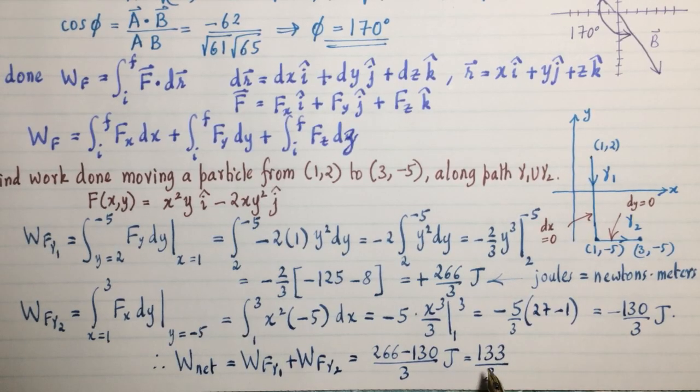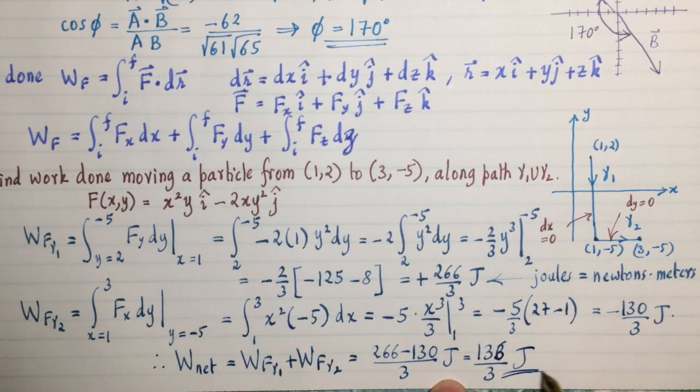Is that right? 130 plus... oh, sorry, 136. I don't know why I made that 36. So that's actually divisible by 3, if I'm not mistaken. Is it? Well, anyway, 266 minus 130 divided by 3. It's what it is. That's the answer.